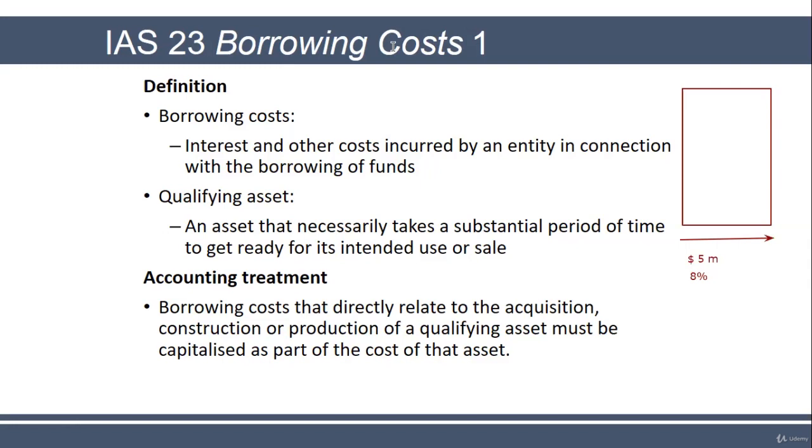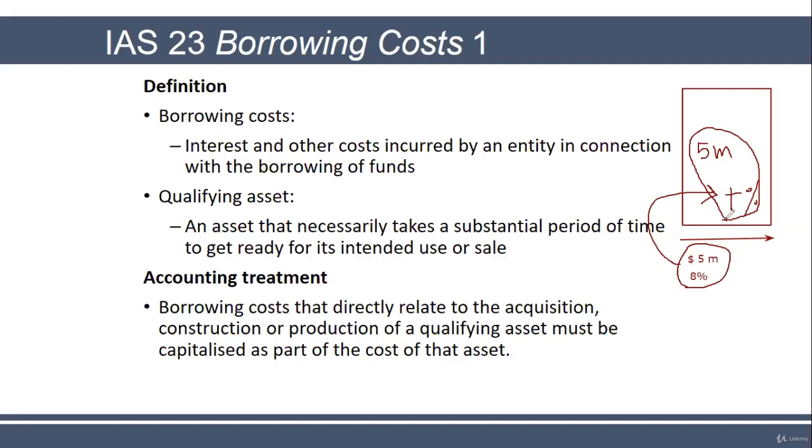So the word is capitalize. Capitalizing means considering it as a capital expenditure and adding it on top of the construction project. So you will spend $5 million on this building, plus you will also pay interest, so this interest must be added to the 5 million. That is what you call capitalization.